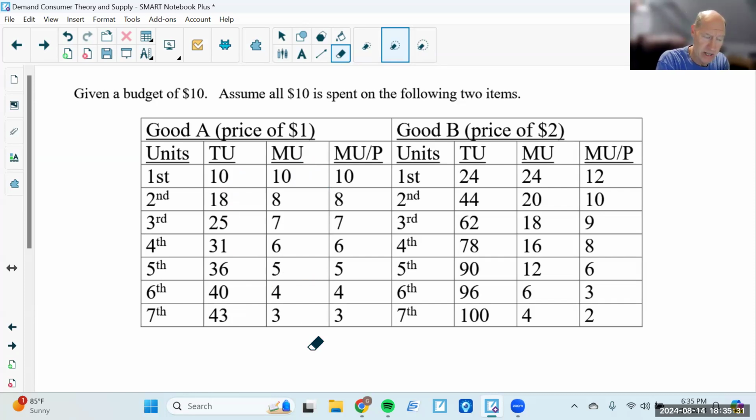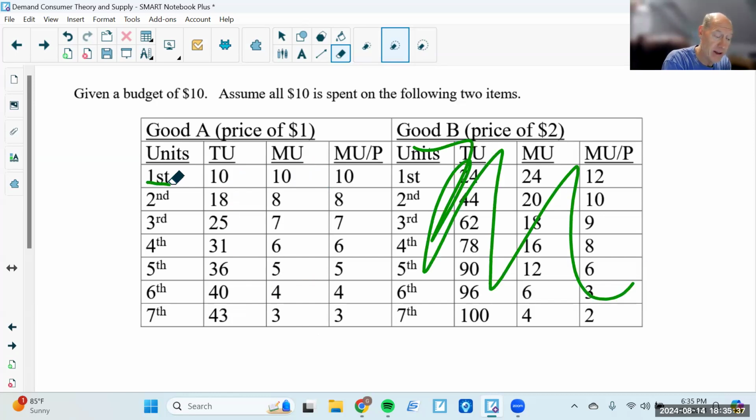Marginal utility is additional satisfaction. So when I consume the first unit of A, ignore B over here for now. Okay, when I consume the first unit of A, it's going to give me 10 more units of satisfaction, which means in total, I now have 10 units. When I go to buy the second unit, it's going to give you 8 more units. Why less than 10?